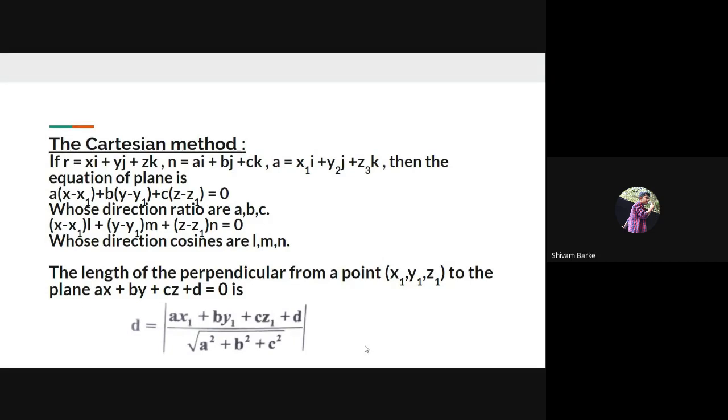So when we determine the length of the perpendicular by the Cartesian method, we simply take the direction ratios of the plane, that is a, b, c, and any point x1, y1, z1, and then d is equal to ax1 plus by1 plus cz1 plus d upon the root of a square plus b square plus c square, and again we have to take the mod as length is always positive.